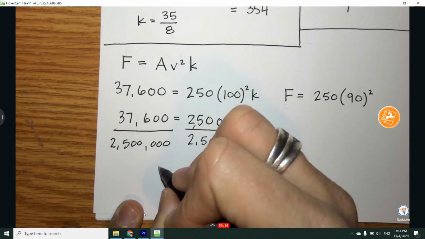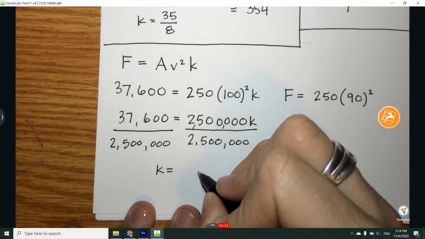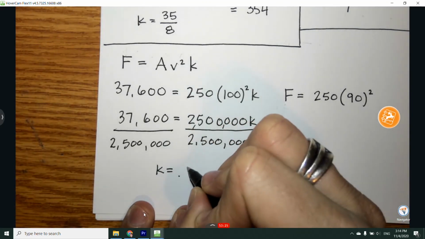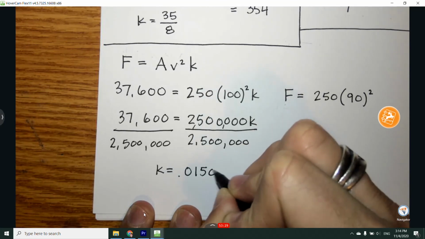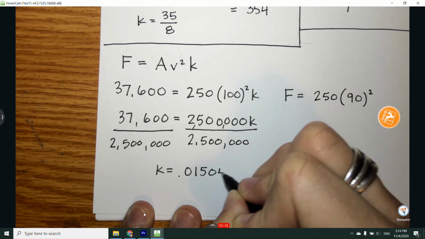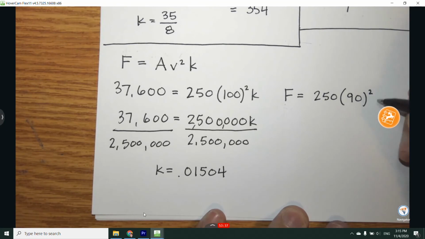I'm not going to turn this back into a fraction. I'm just going to leave it as a decimal because it turned out to be a decently working decimal. In fact, it says use 5 decimal places, and this is exactly what it has. I could turn that back into a fraction if I wanted to, but this is perfectly fine to use in our problem.